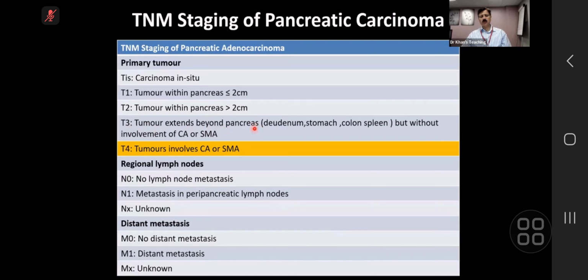What is the definition of beyond pancreas? Surrounding structures including duodenum, stomach, colon, and spleen, but without involvement of the celiac artery or the SMA. But if there is involvement of celiac artery or SMA, it becomes a T4 tumor. The take home exam point is that if celiac artery or SMA is involved, it is a T4 tumor, which means non-operable. And this is what they are going to ask in the exam.